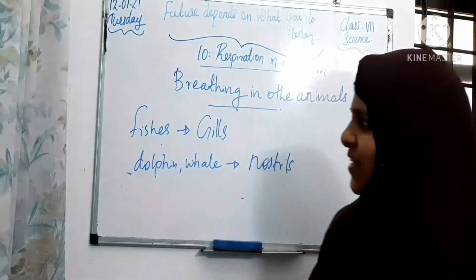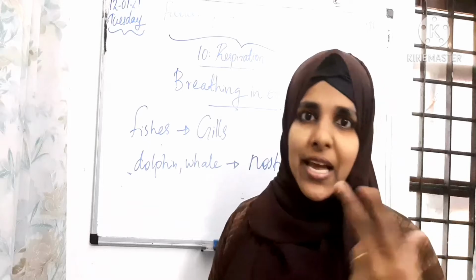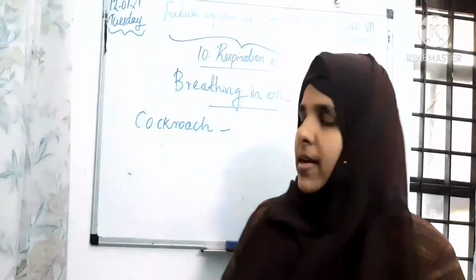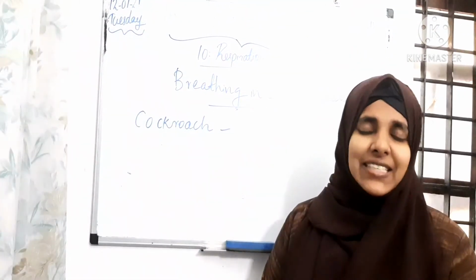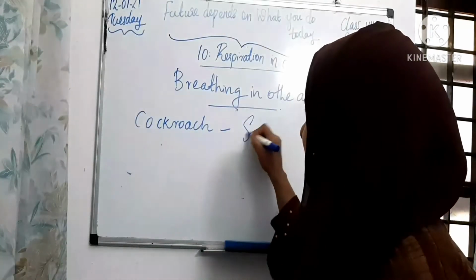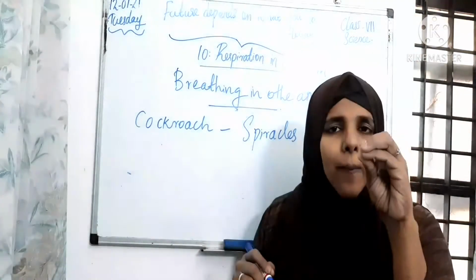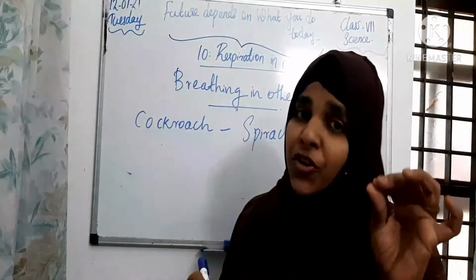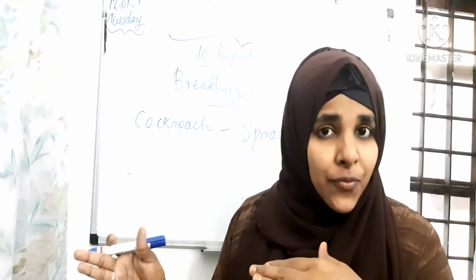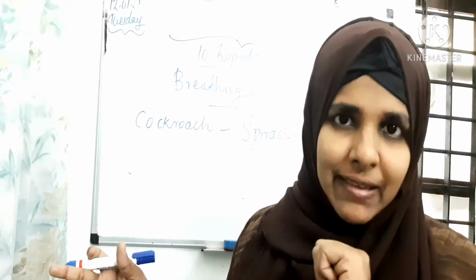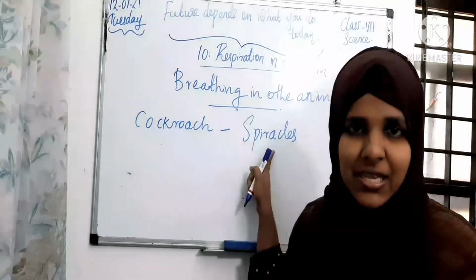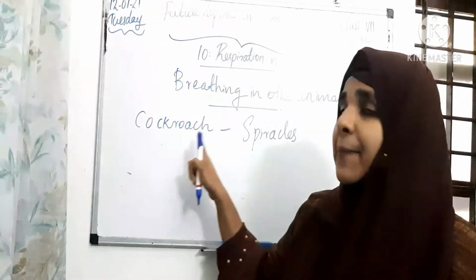Okay, next we can check how a cockroach breathes. Insects like cockroaches and ants mainly breathe through their spiracles. What are spiracles, children? They are tiny openings we can see on the body of a cockroach, on the side of the body. Through these they can breathe.